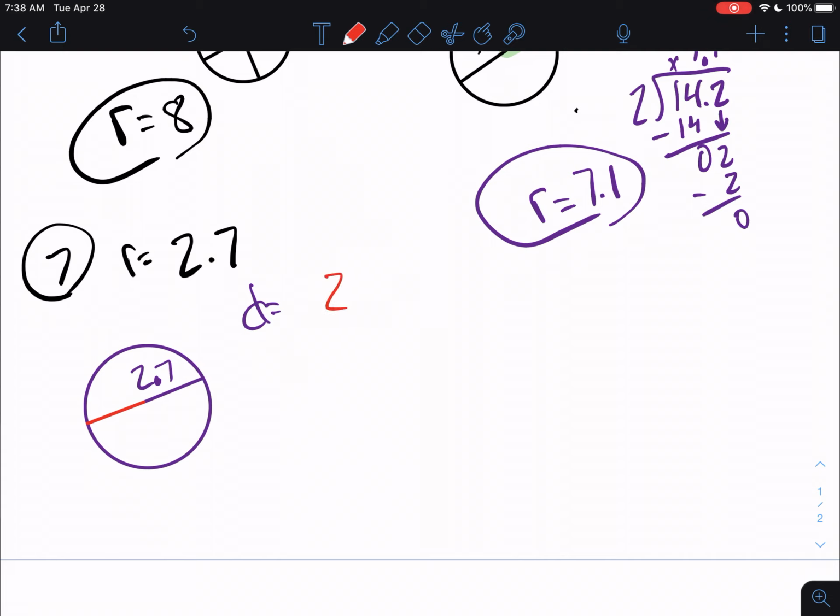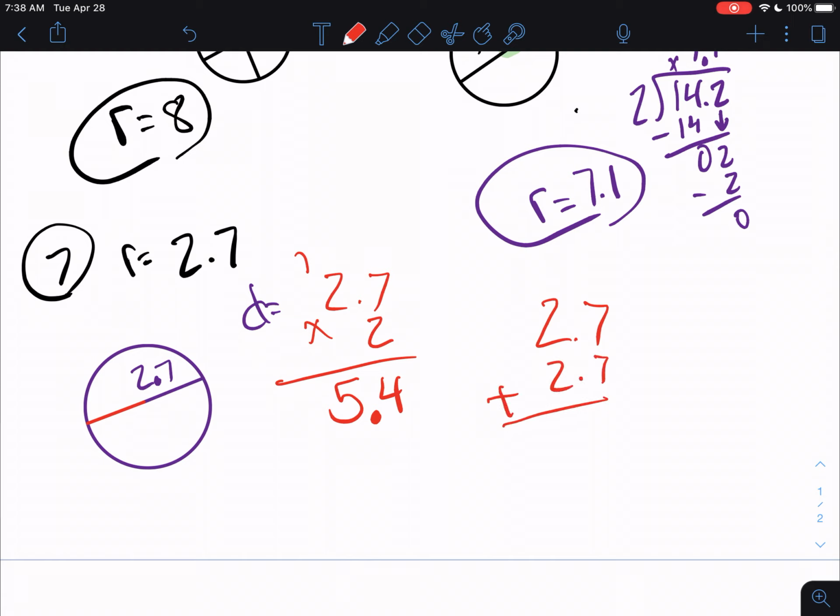So I would have to do 2.7 times 2, or I could just add. 7 times 2 is 14, regroup my 1, 2 times 2 is 4, plus 1 is 5, 1 decimal point, so 5.4. So let me show you how I could also just add the two numbers together. 7 tenths plus 7 tenths is 14 tenths, regroup my 1, 5. Same thing, so my diameter would equal 5.4.